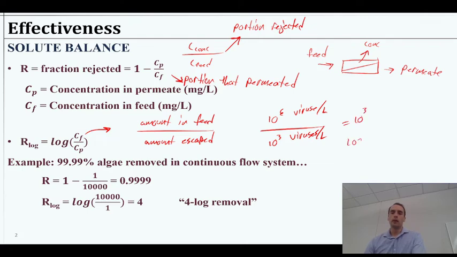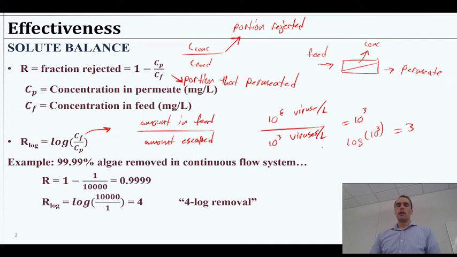Then you take the log of 10 to the third, and it's going to be 3, right? 10 to the what equals this guy? That would be 10 to the third.